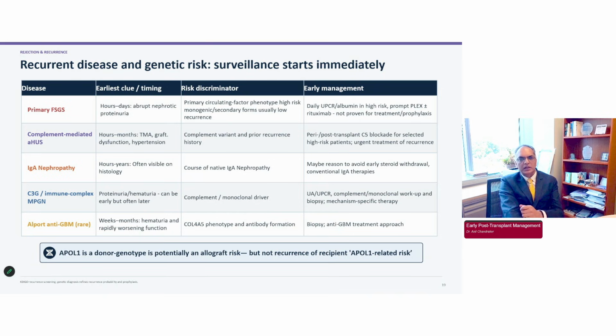Just a couple of points. IgA nephropathy very commonly recurs, but is rarely severe. The course of the native IgA is probably the most important differentiator as to the likelihood of whether this would be severe or not. When it comes to C3GN or immune complex MPGN, think about what is the potential cause in terms of treatment.